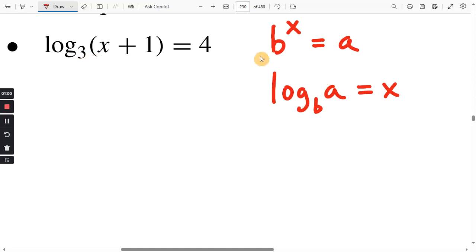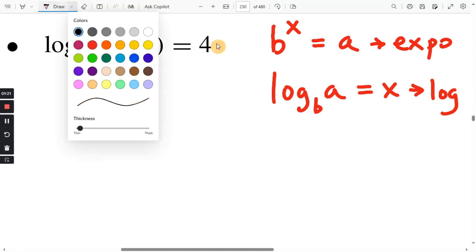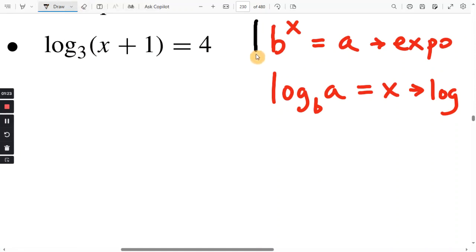You would take the base of the log and raise that to the exponent x. That's if you want to rewrite this equation in exponential form. Okay, this one right here is exponential form, and this one right here, of course, that's in log form.